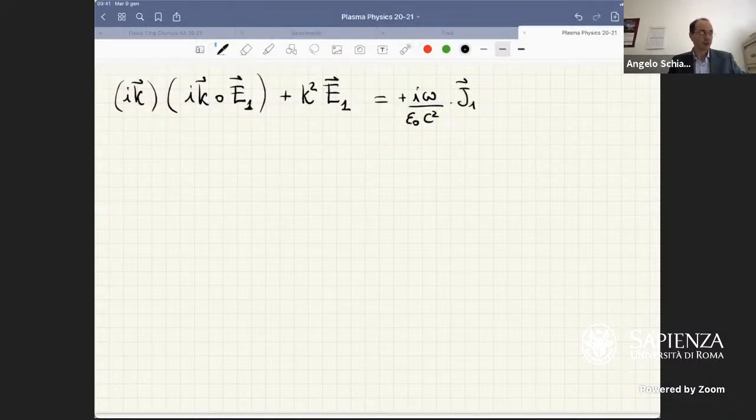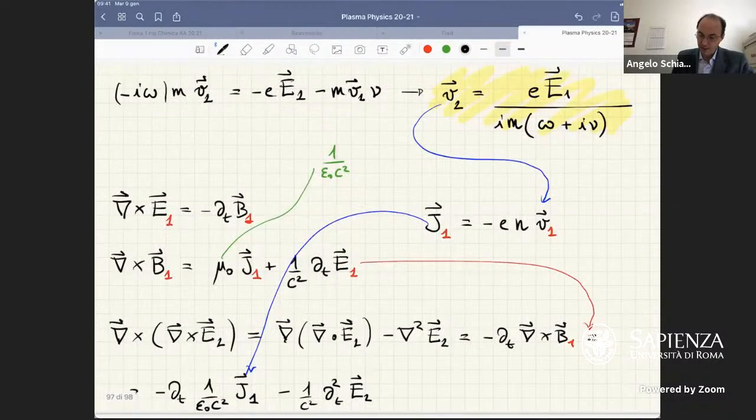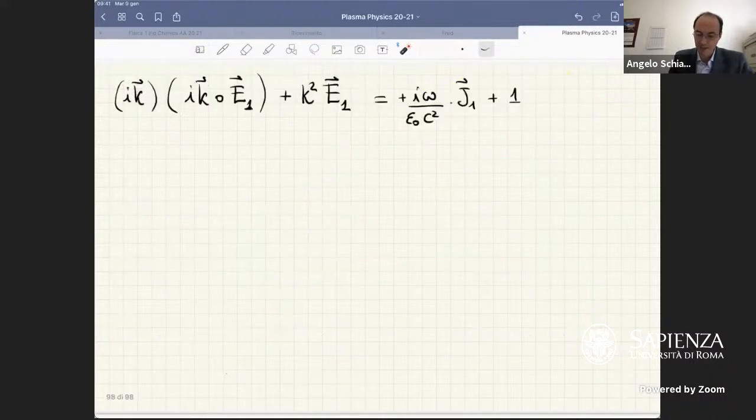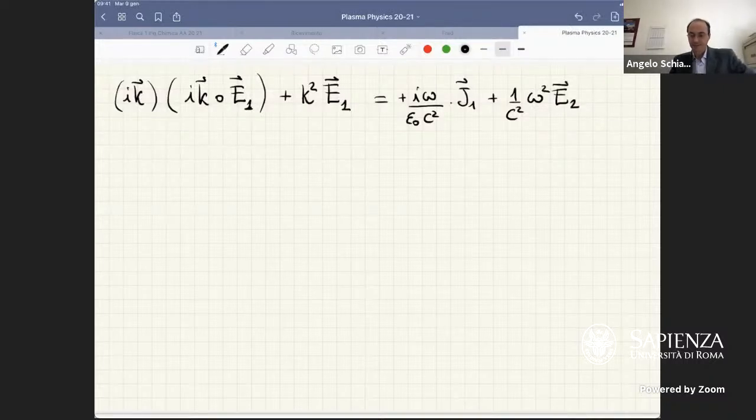And plus what we have here: the second time derivative becomes minus omega squared, but we have a minus in front, so we have plus 1 over c squared omega squared E1. And now we can plug J into our equation.